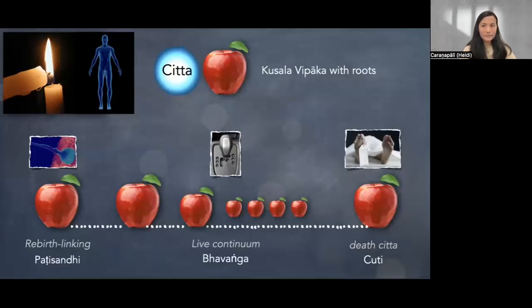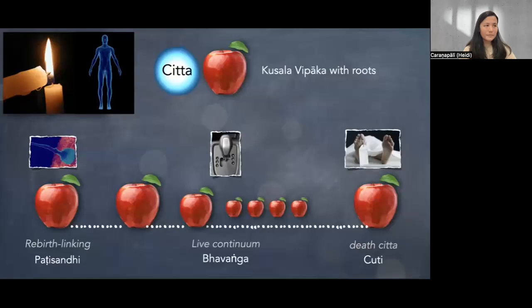Sorry, just a quick question. I didn't know, with this information that you gave, that all this chitta from this life, from rebirth linking to death chitta, are all the same. But then what is changed is that the cuti chitta must be different from the moment somebody dies to the moment that you're born again.